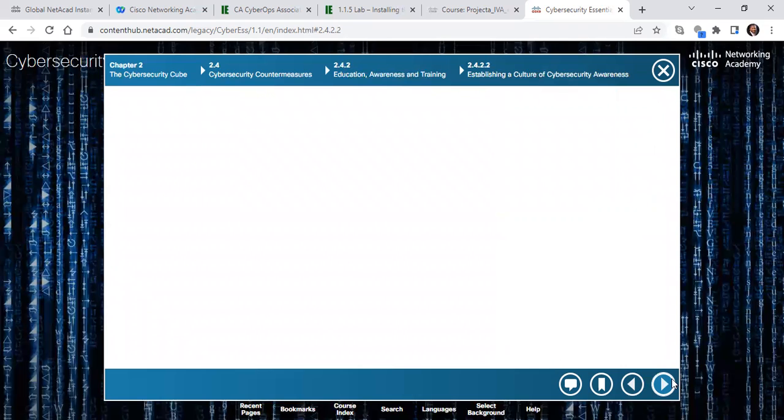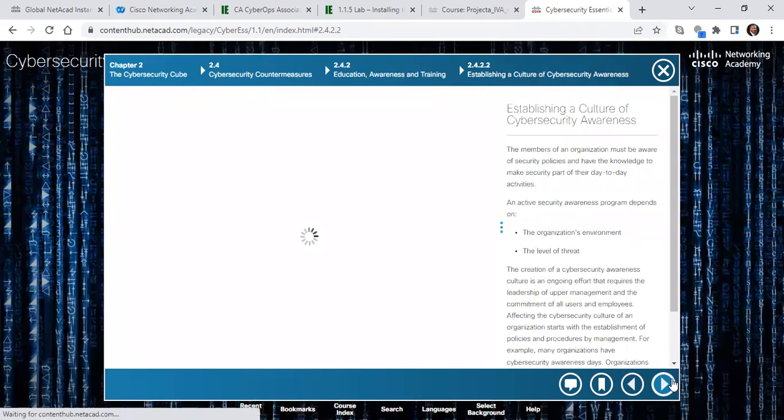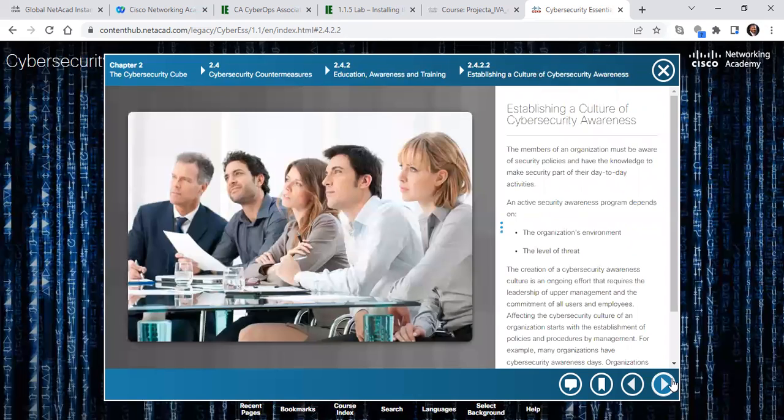So that's establishing the education part. Now we're going to talk about the culture of cybersecurity. You need to establish a culture of cybersecurity. What does that mean? It means the membership of an organization must be aware of security policies and have the knowledge to make security part of their day-to-day activities.